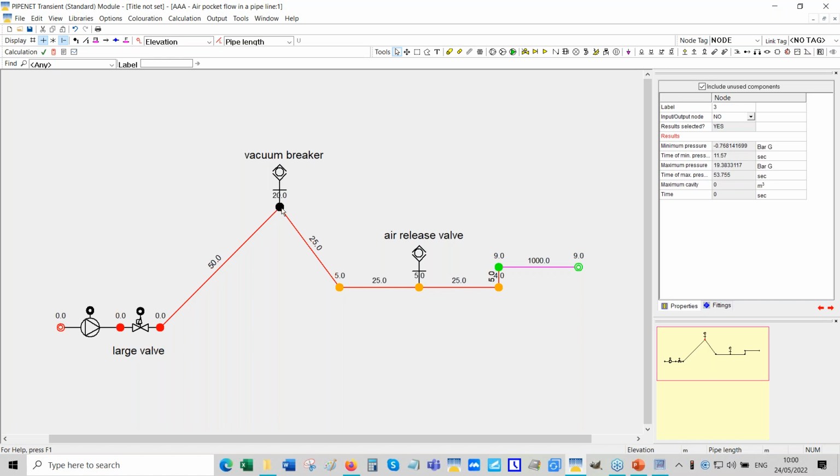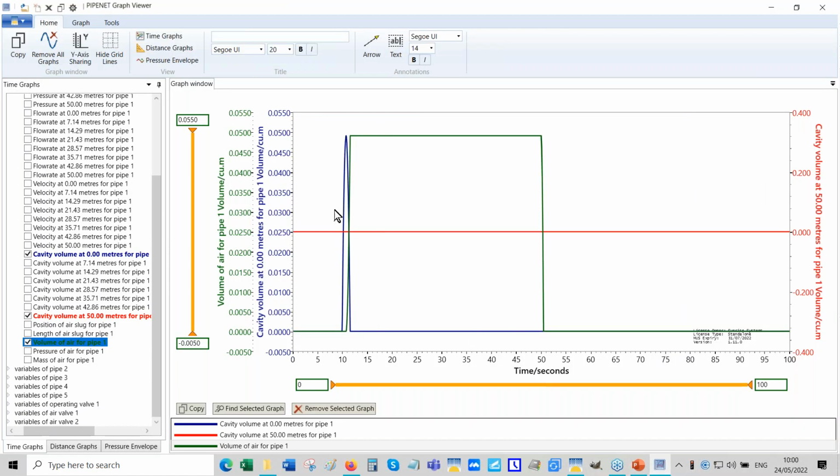When air comes in, the volume of air in that pipe is equal to the cavity volume, because that gets filled to that volume of air in that pipe. Okay, so that's what is happening here, which is exactly what I would expect.